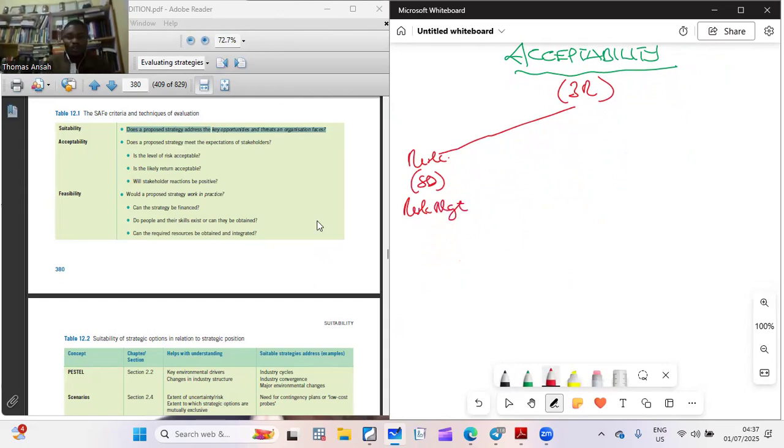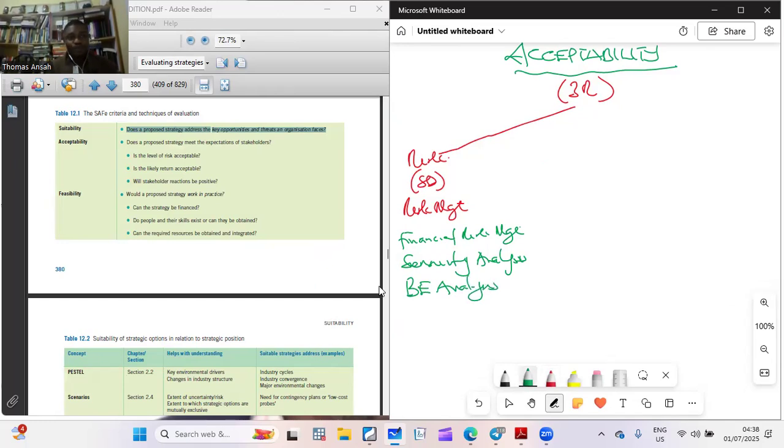So what you do in risk is that we do financial risk management. So that is that. Sensitivity analysis. You know all these things from management accounting, then break-even analysis.